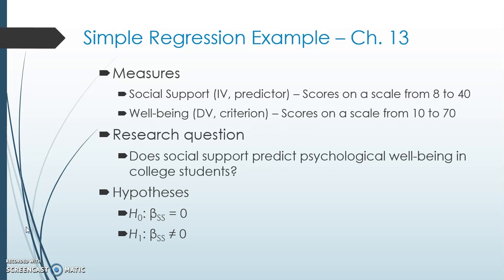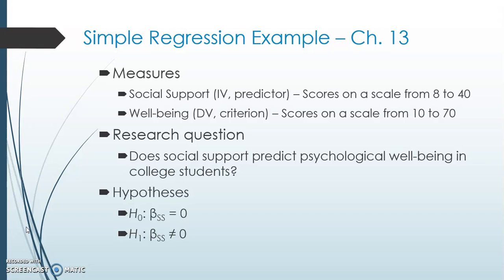Then our null and alternative hypotheses: in the first case, the null is that the beta weight, or the standardized regression coefficient for social support, is equal to 0. Remember that that variable is related to the slope of the best fit line.